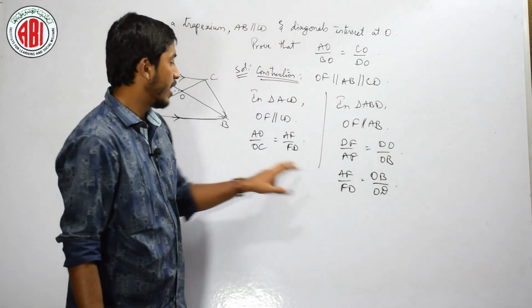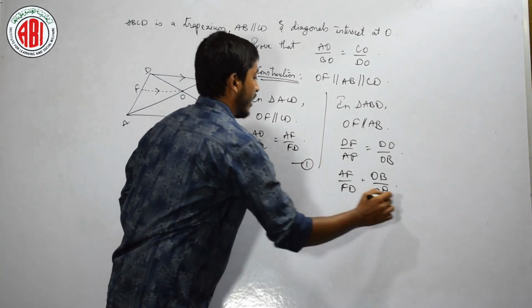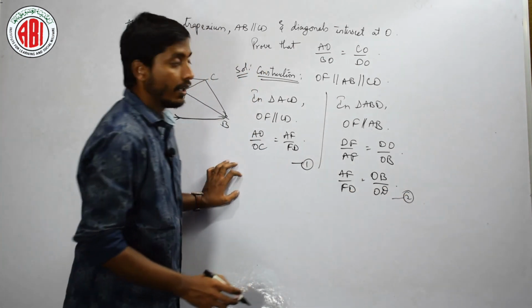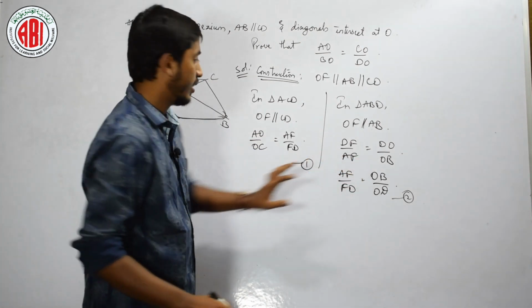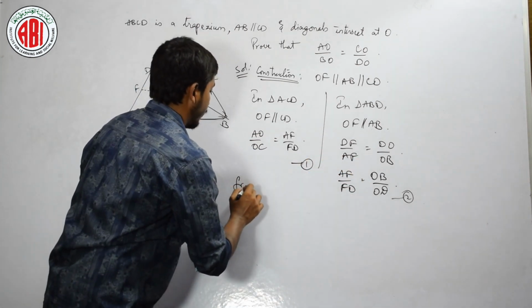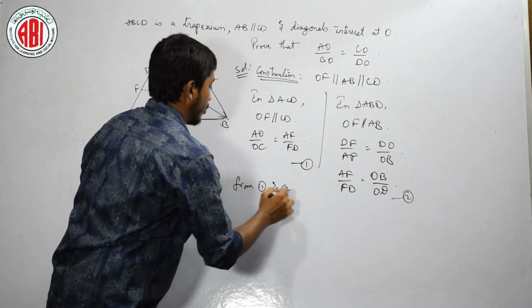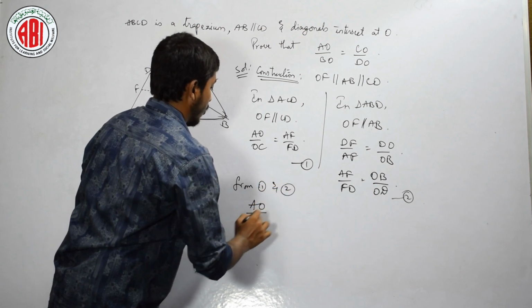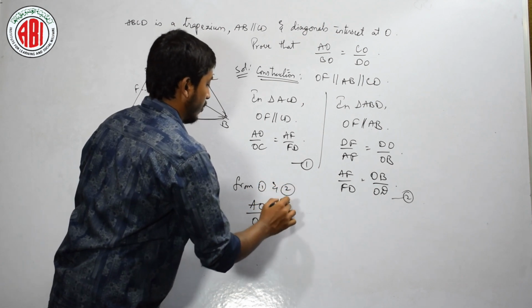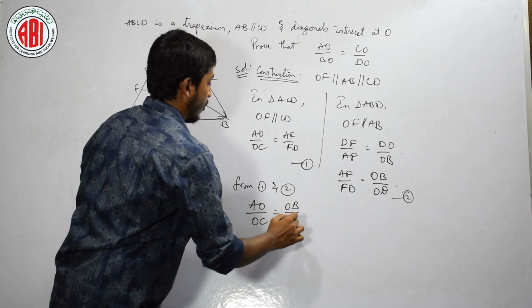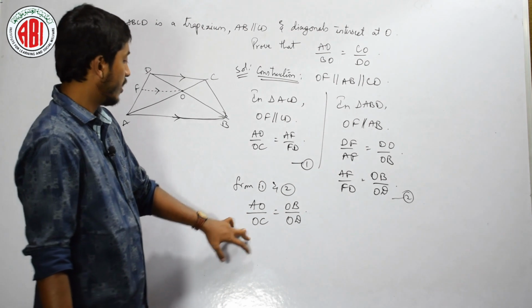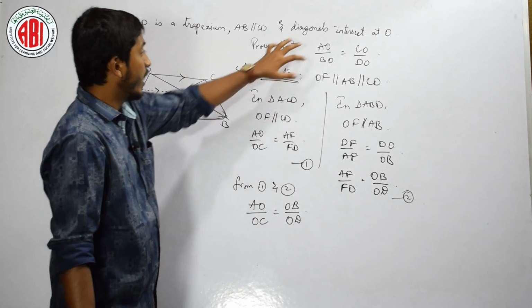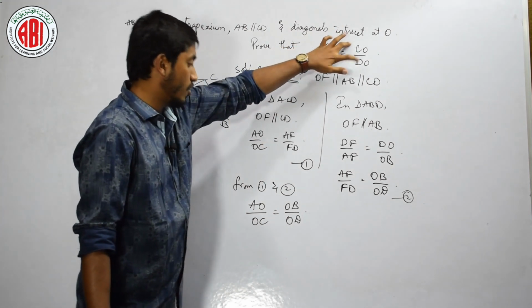Now check from 1 and 2: I can write AO by OC equal to OB by OD. Is that what he is asking us to prove? He is asking us to prove AO by BO is equal to CO by DO.